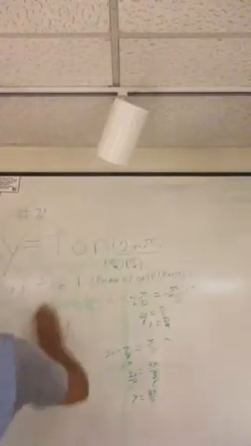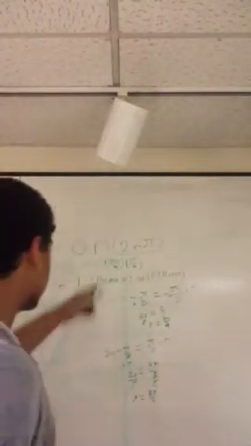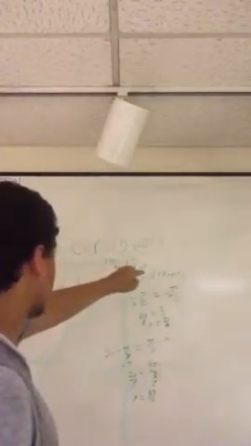Now, if you were to graph this function, we know our vertical asymptotes are at pi over 4 and at 3 pi over 4.